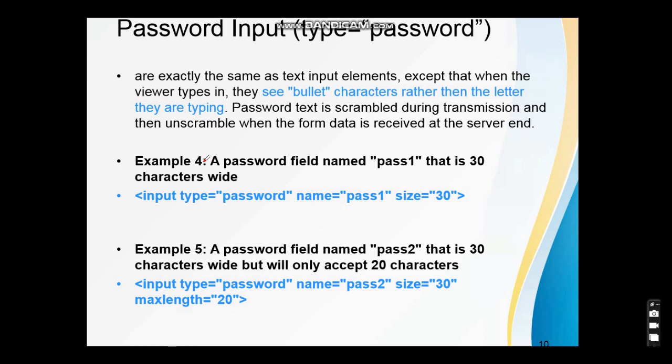Here in the example, you can see a password field named pass1 that is 30 characters wide: input type is equal to password, name is equal to pass1, and size is equal to 30. Likewise here also, but here it is going to accept 20 characters.